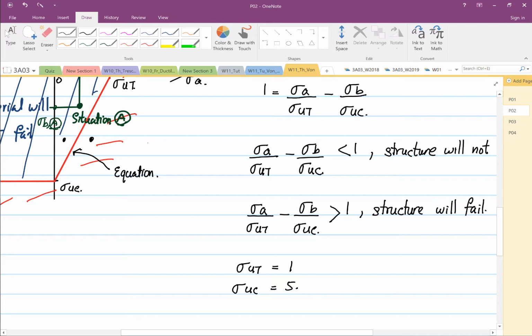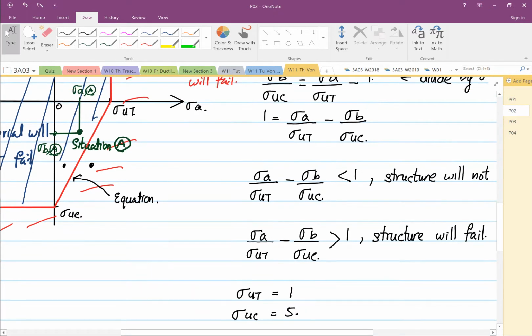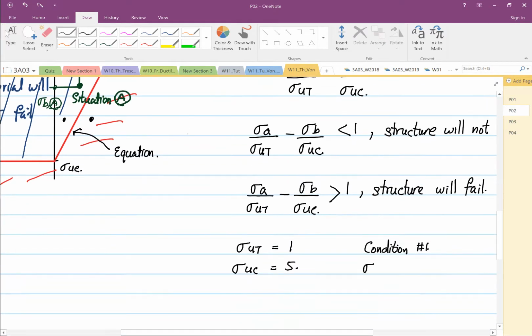Then we have our stress A. Condition number 1: stress A is equal to 0.2.